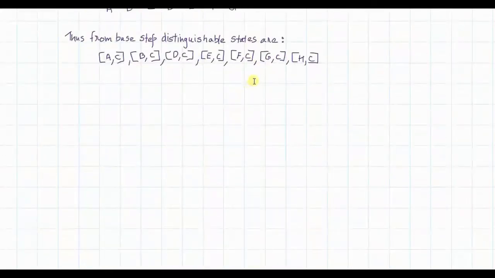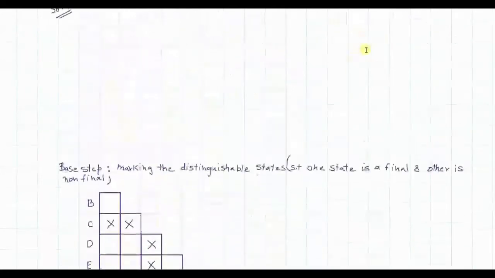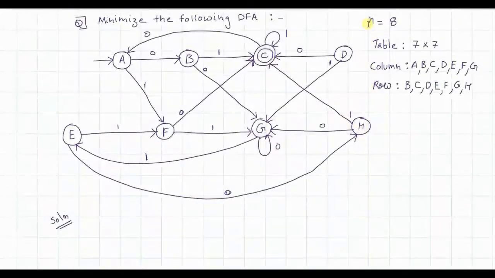Now, next, I will call it the recursive step. What we do in the recursive step is look at the transitions of each state. You see in this diagram that is given to us, the input alphabet sigma is nothing but 0, 1.